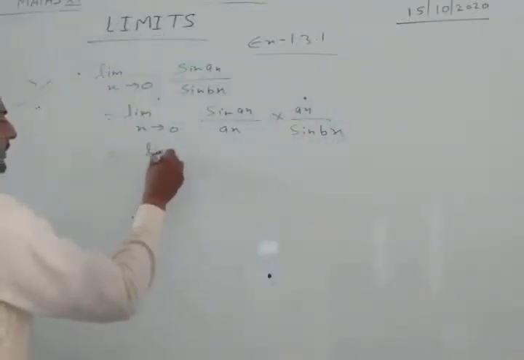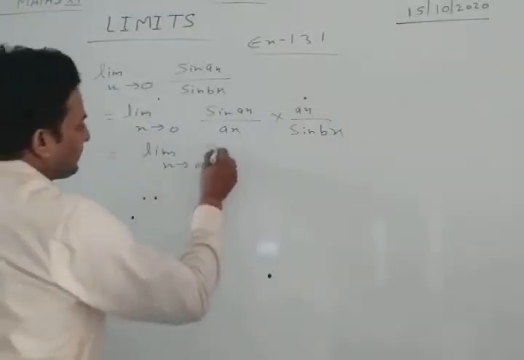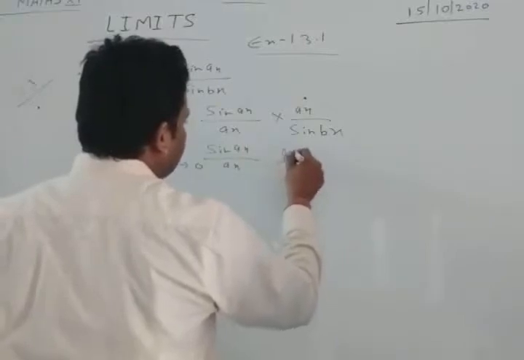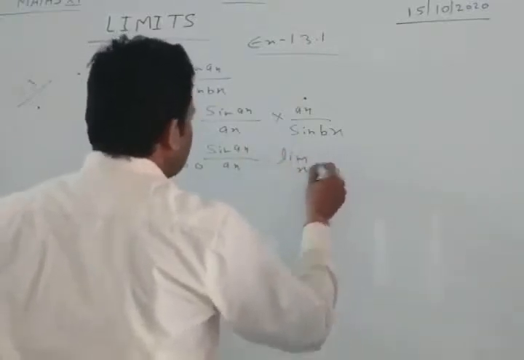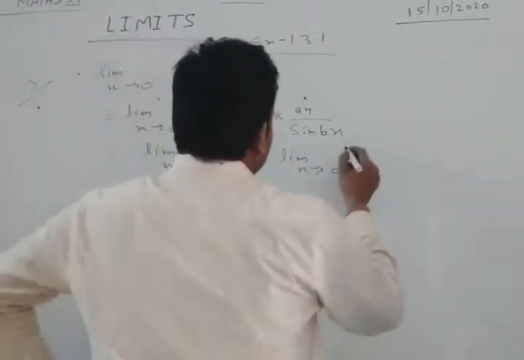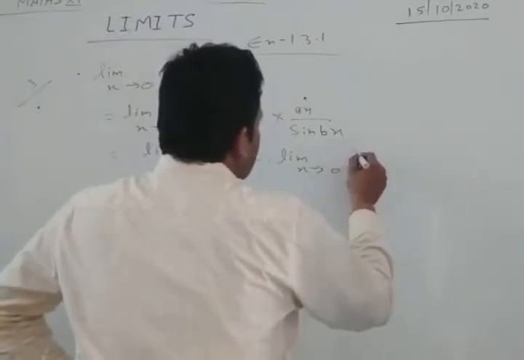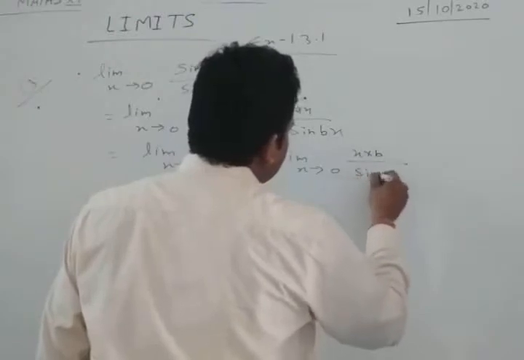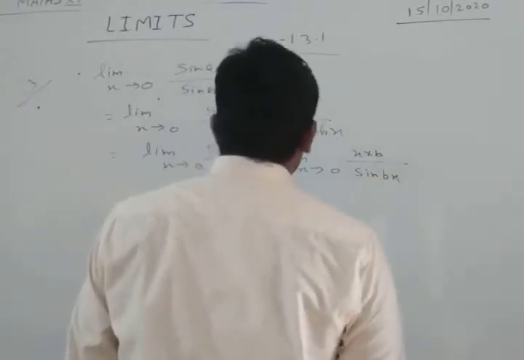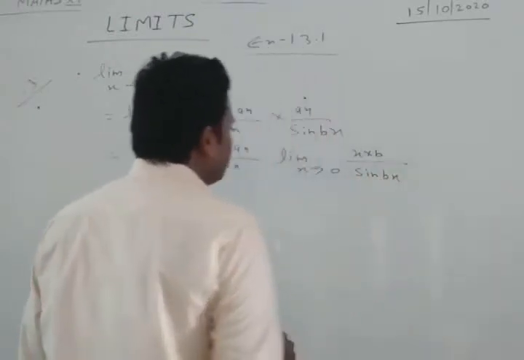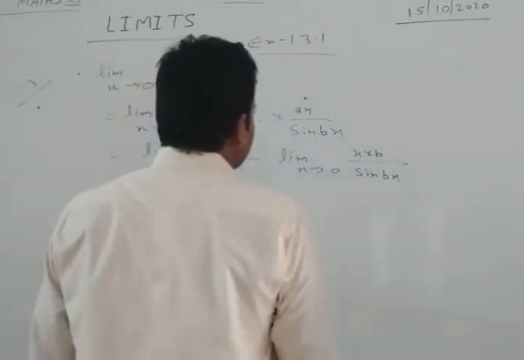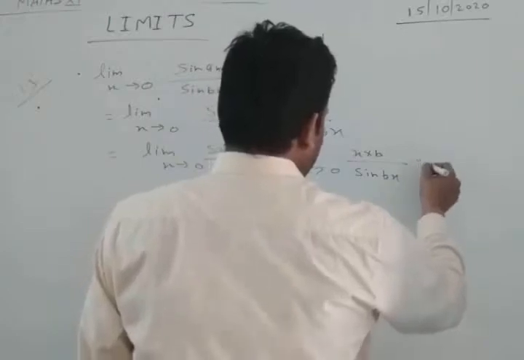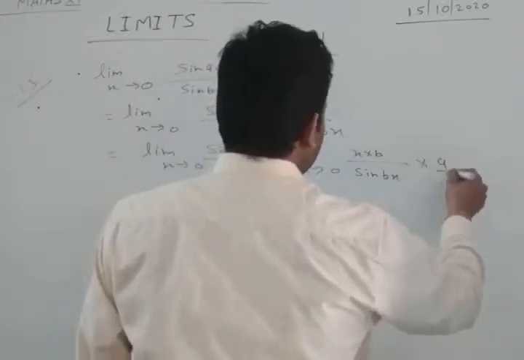Now limit x tends to 0 of sin ax by ax, into limit x tends to 0 of x into b upon sin bx, into a by b.